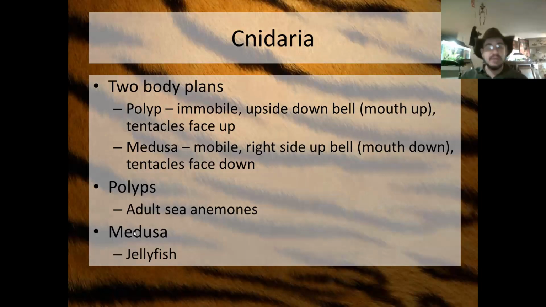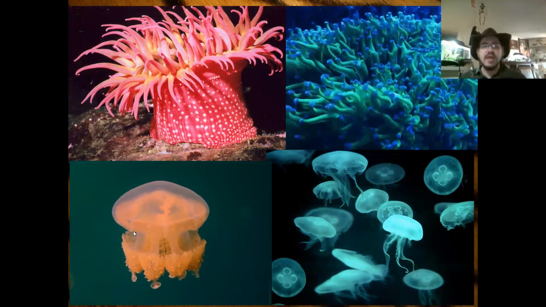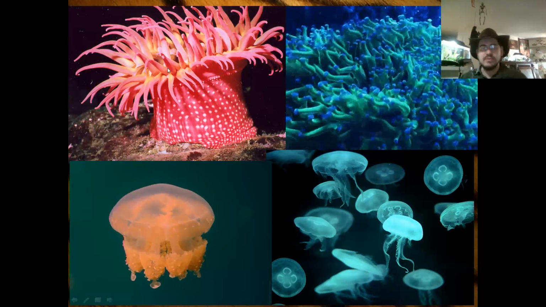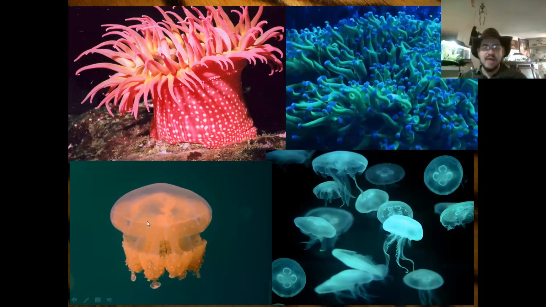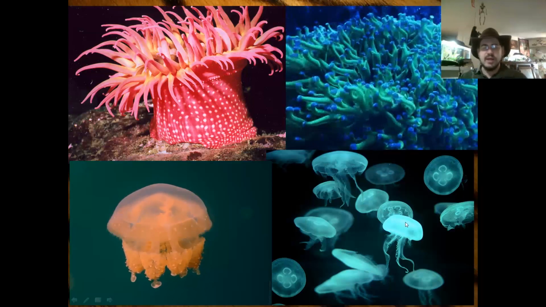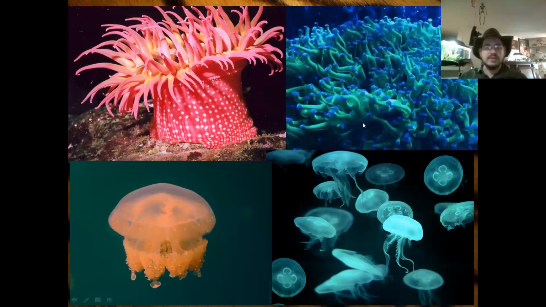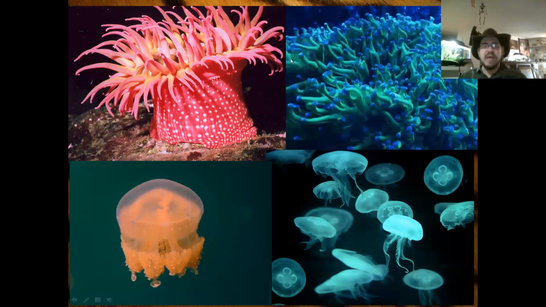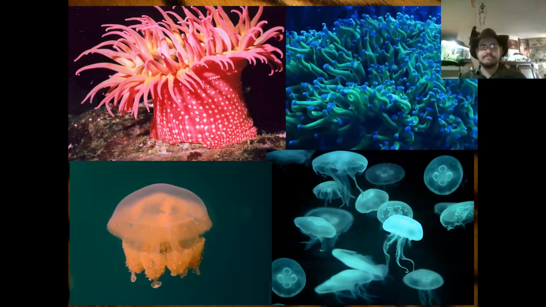So that's kind of neat. So here's a variety of organisms. I have sea anemones on top, and then I have jellyfish on bottom. So you can see the medusas on the bottom, the polyps on the top.